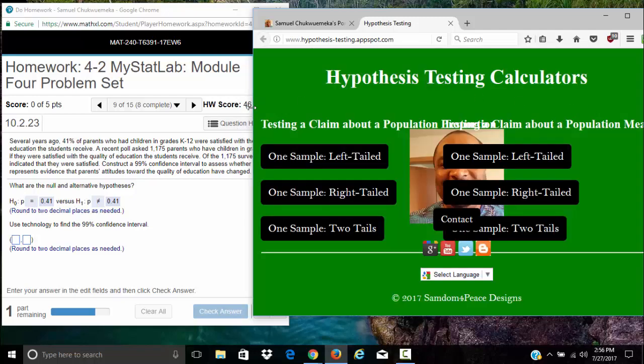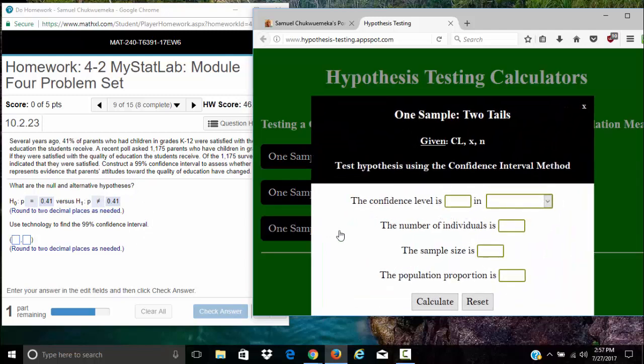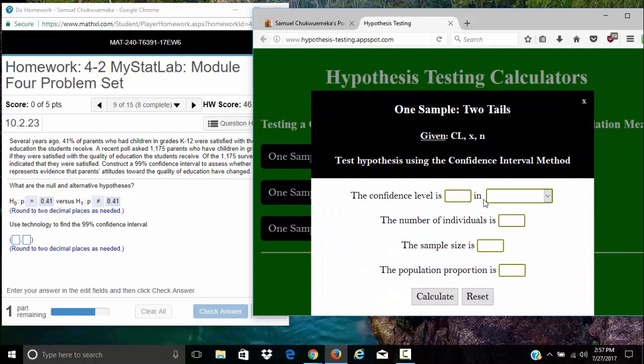So with my calculator, just do, this is one sample, two tails. One sample, two tails. So click on it. And here, confidence level is 99%. Select percent here. Number of individuals here.